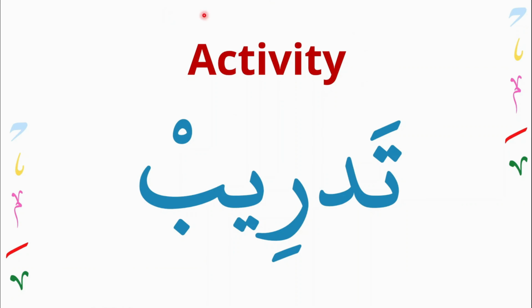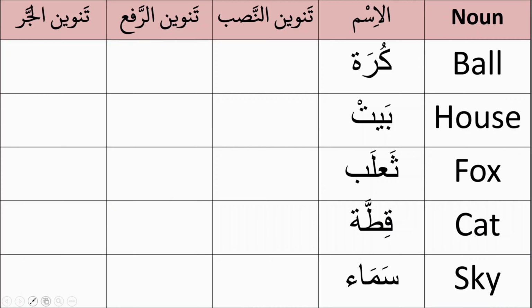And now let's have an activity for that, which we call in Arabic tadreeb. As you can see in this table, I have the nouns in English, then al-ism, which is the same nouns in Arabic.